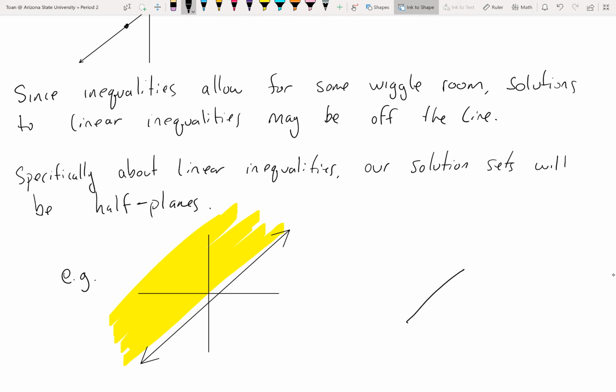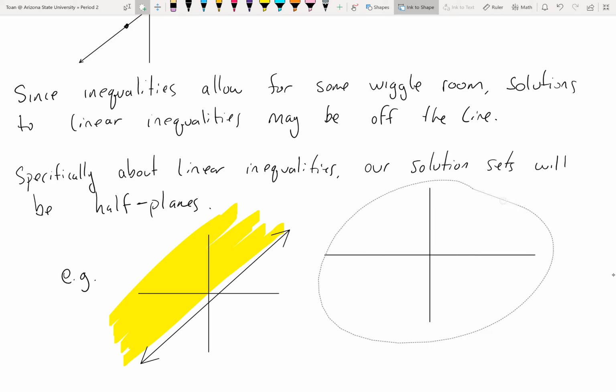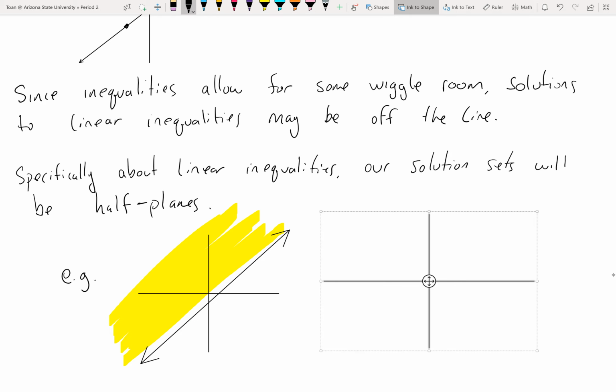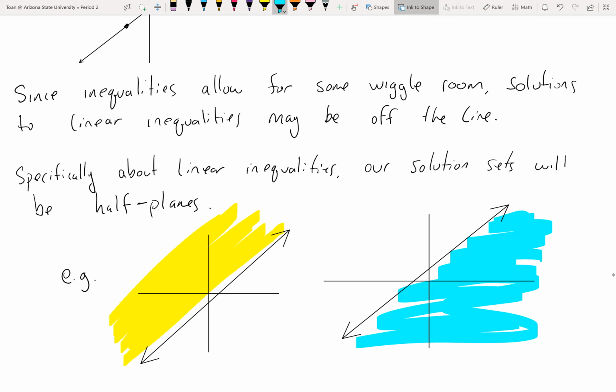It could be every single solution on this side of the graph. So the answers are more than just a line. The answers are literally half of the picture.